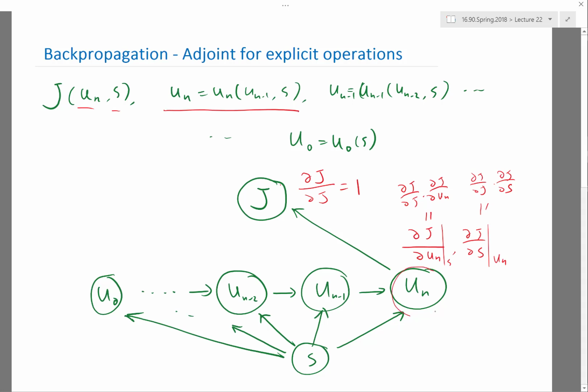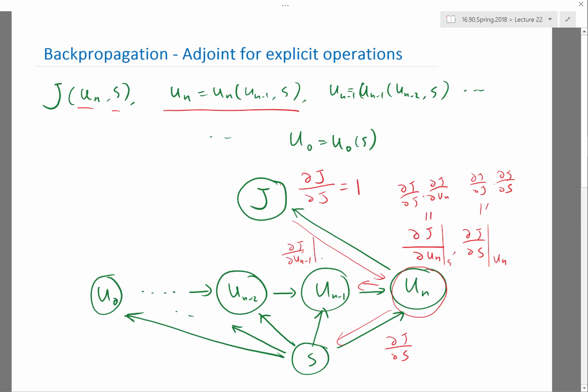we propagate it from this node backwards. So the red is kind of the backpropagation. Now we propagate to here. So here, what we compute is partial j, partial un minus 1, and partial j, partial s.